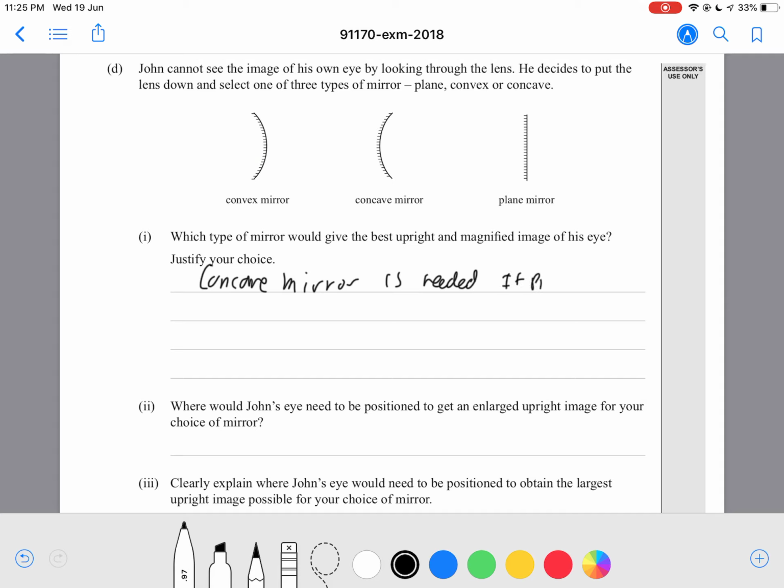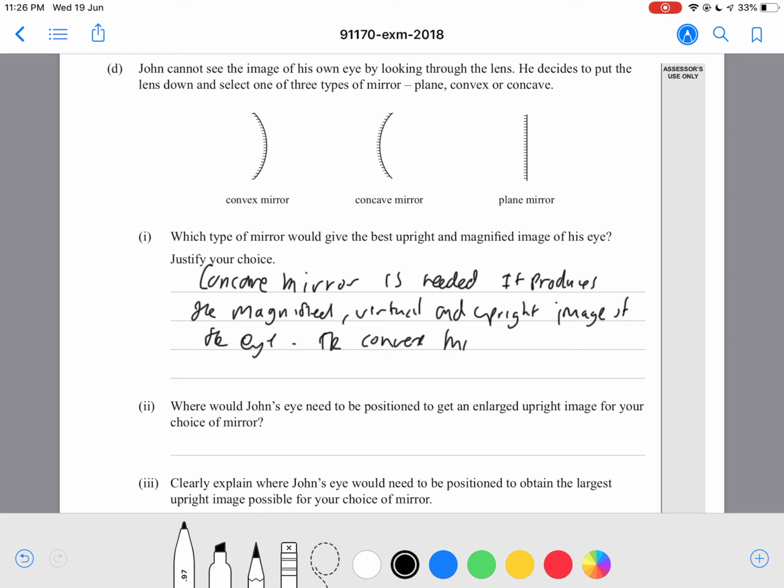It produces the magnified, virtual and upright image of the eye. The convex mirror produces the diminished image.